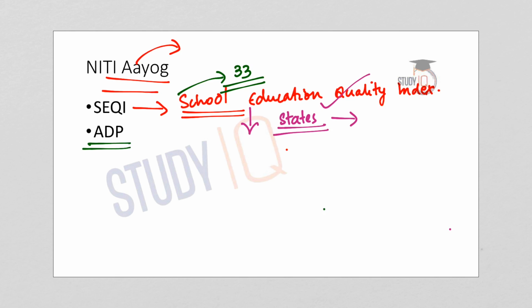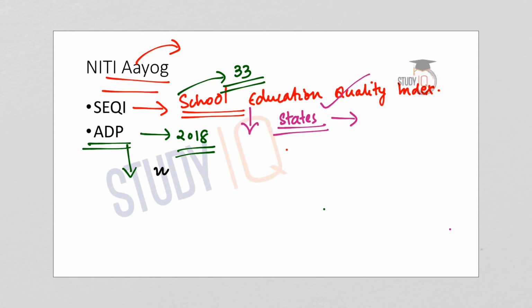Now the second one is the Aspirational Districts Program. NITI Aayog launched the Aspirational Districts Program in the year 2018, and this also draws from the model of competitive federalism. So under the Aspirational Districts Program, the underserved districts across the country compete with each other.